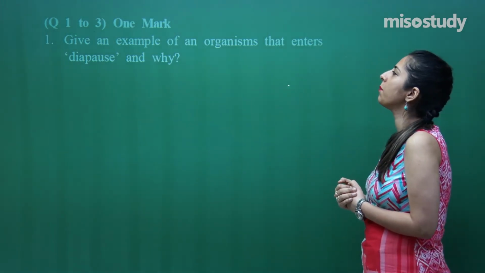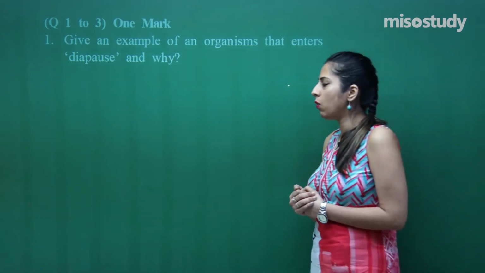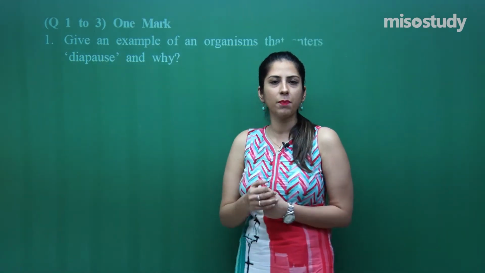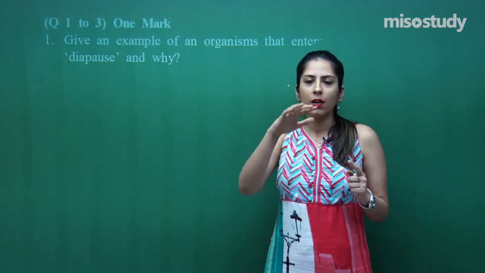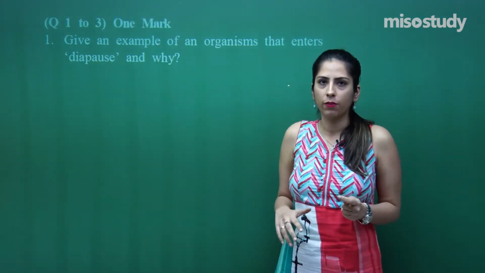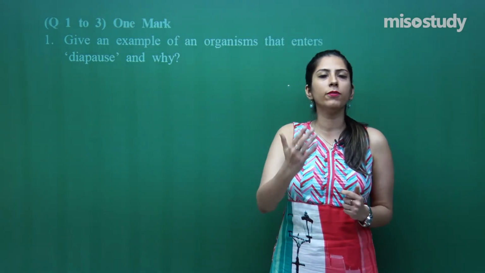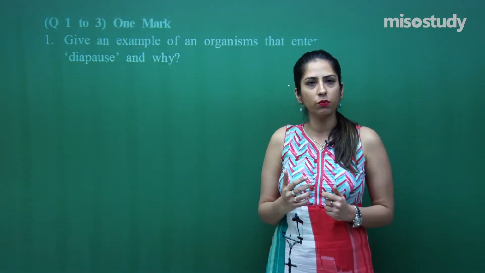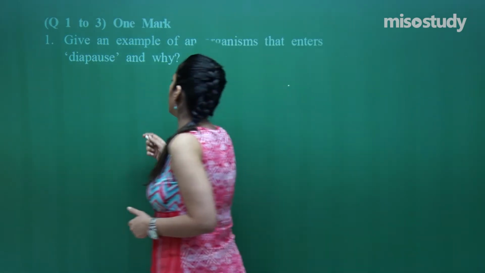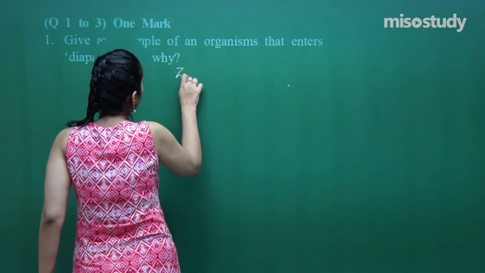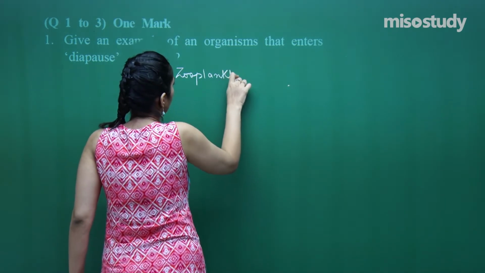First, give an example of an organism that enters into diapause and why. Now, what is diapause? Diapause is that state of an animal where the animal remains inactive because unfavorable conditions are there. Later on, if that unfavorable condition is converted into a favorable condition, the organism again grows. So, we have a very good example of zooplankton.